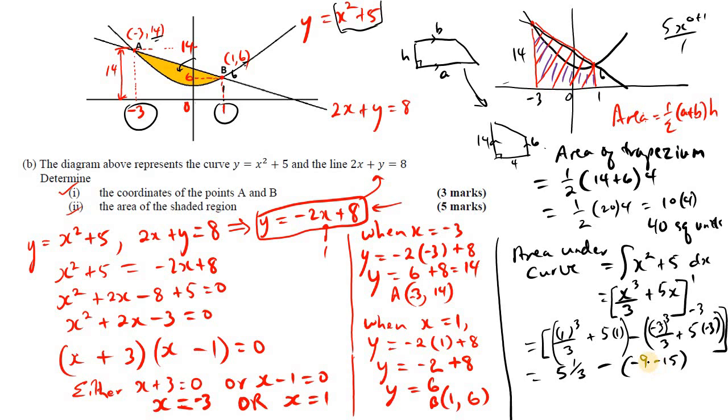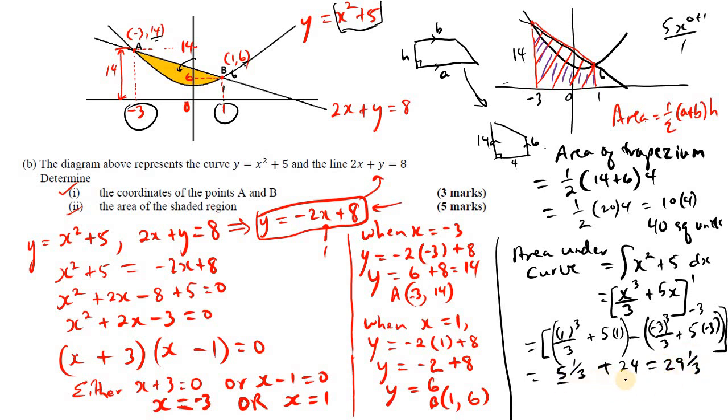So negative 9 minus 15, that's negative 24. Now, when I subtract negative 24, subtracting a negative is positive. That's adding 24. So now when we add these, we're going to get 29 and 1/3.